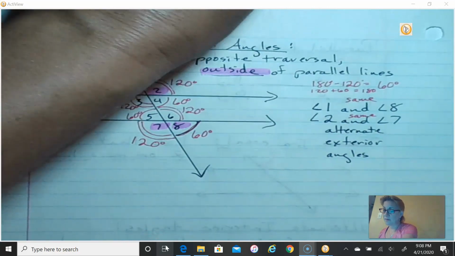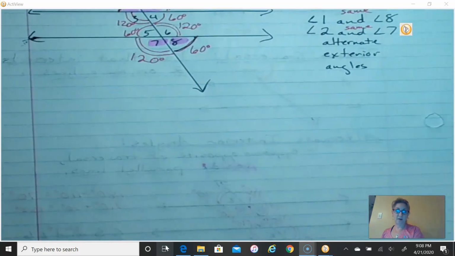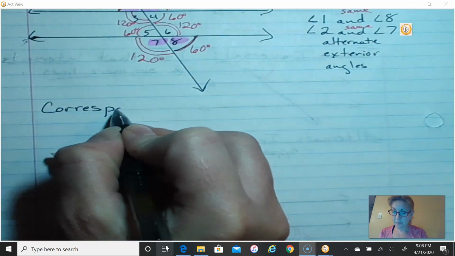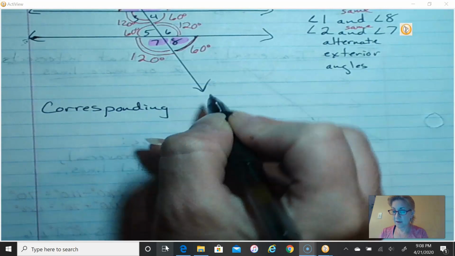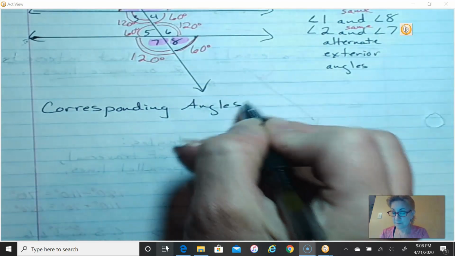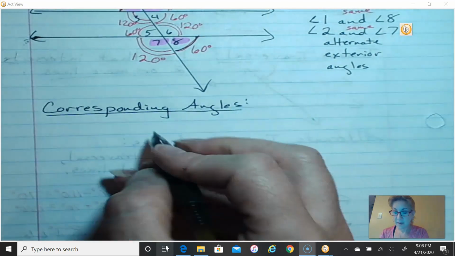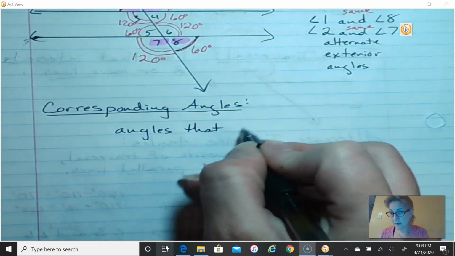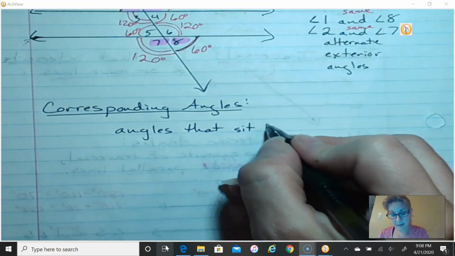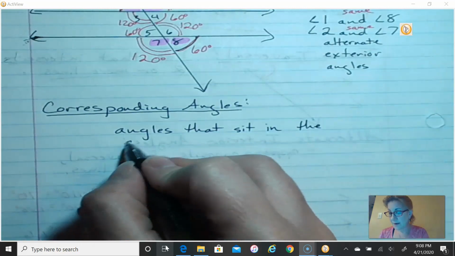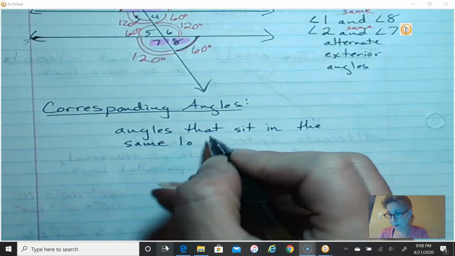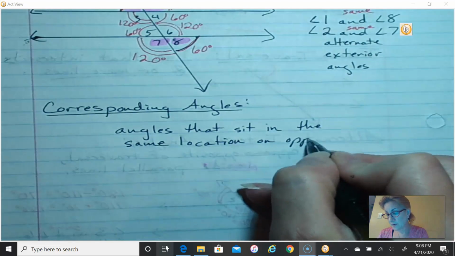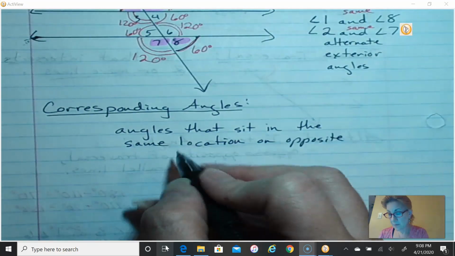Okay, last note taking, and then we go to the book. Corresponding angles. That's what we've been doing. They're angles that sit in the same location on opposite parallel lines.